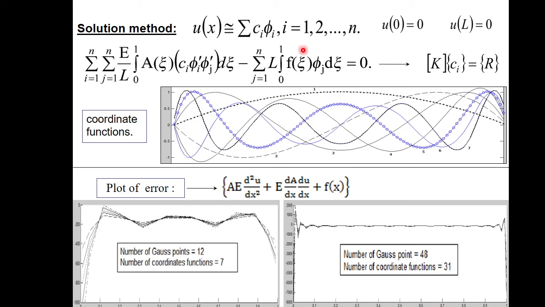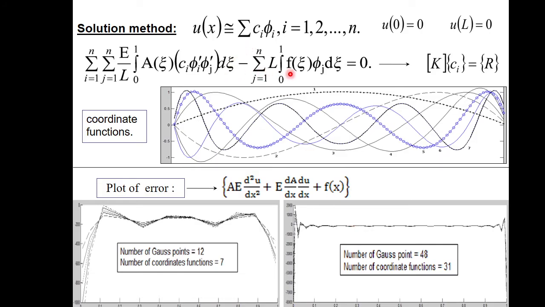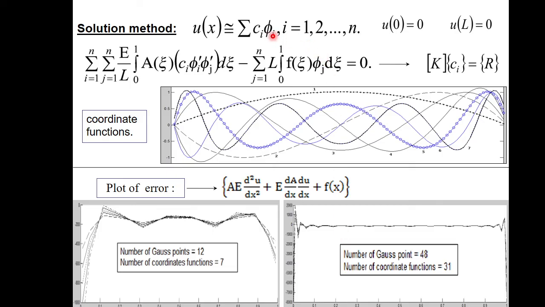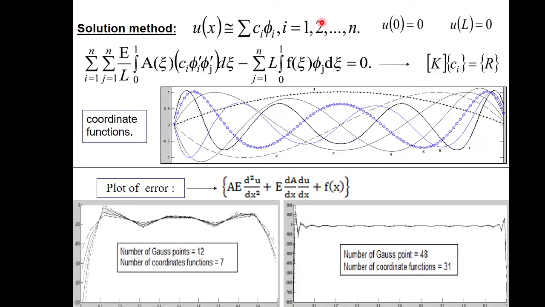Then if we substitute it in this particular equation, this is what we are going to get. You see, we had a du dxi squared, and this is what we are substituting. So we are getting a double summation here, and from this term we have a single substitution for u.